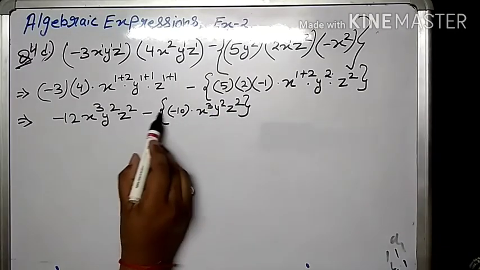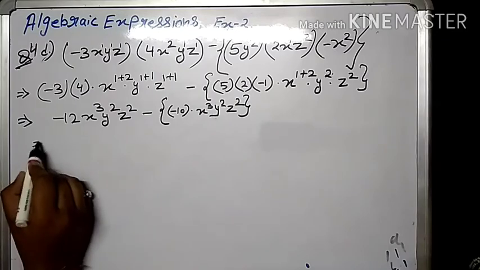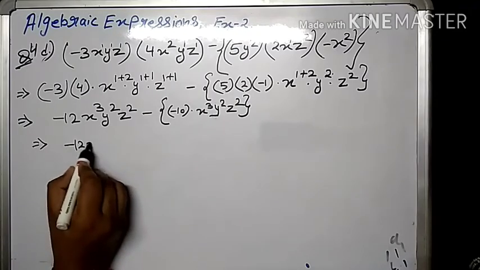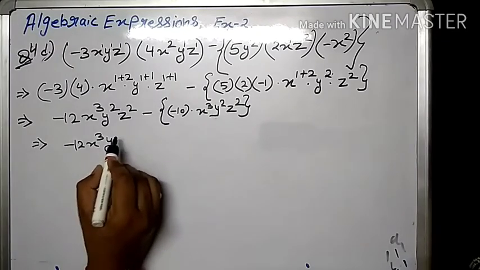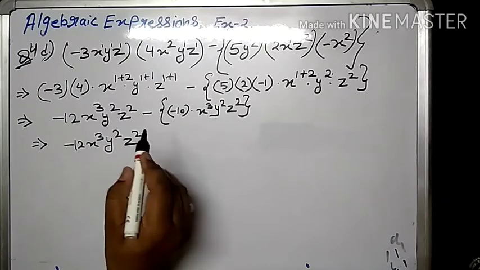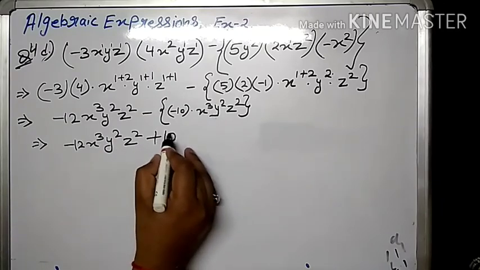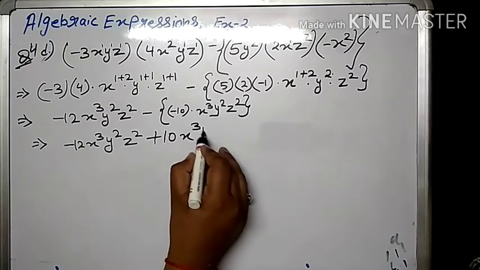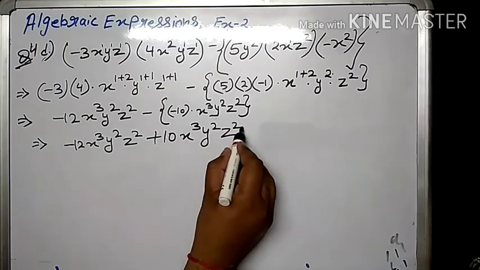While opening the bracket, outside it is minus, so the next term will become minus 12 x to the power 3, y to the power 2, z to the power 2, plus 10 x to the power 3, y to the power 2, and z to the power 2.